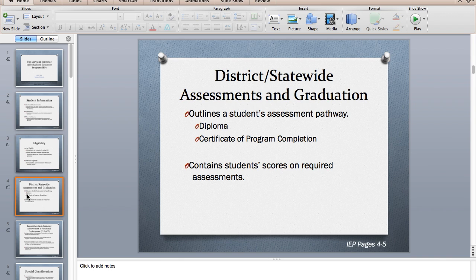In the state of Maryland, students may work toward a diploma or a certificate of program completion. And so this section will outline the plan for how we anticipate the student to exit high school, or the plan that they're working toward. And it will also contain the student's scores on required standardized assessments.